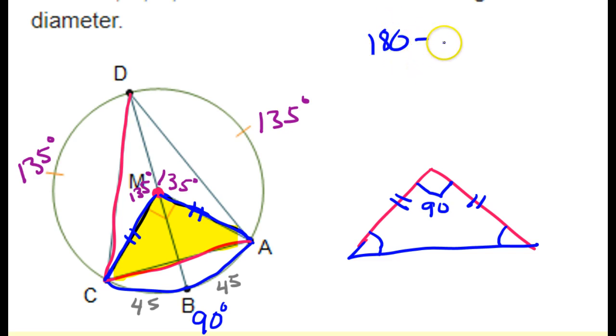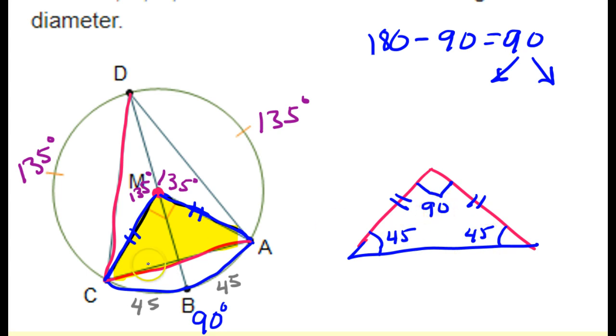So if I do 180 minus 90, that's 90. So that leaves 90 degrees to be shared equally between these two base angles. So that's going to be 45 and 45. So this is a 45, 45, 90 triangle. So this is 45 degrees right here.